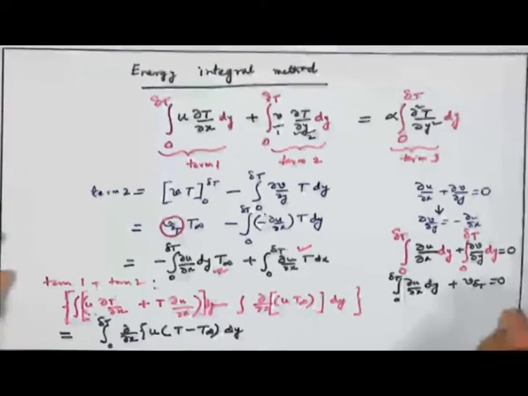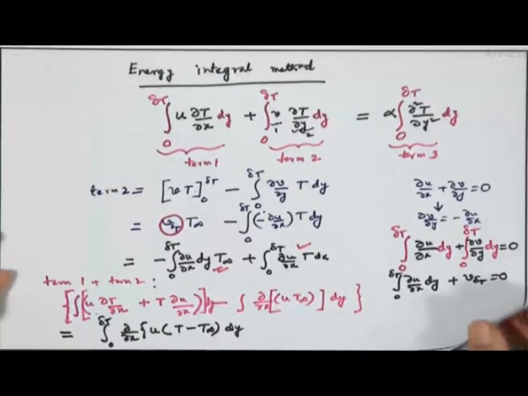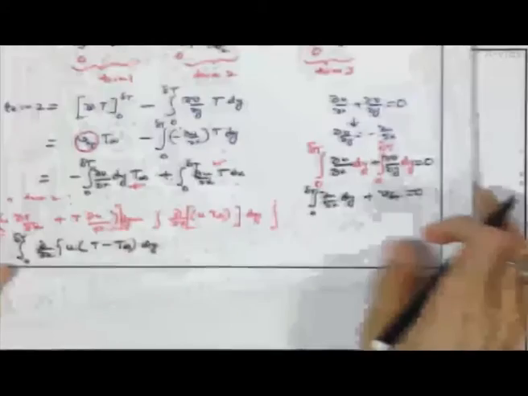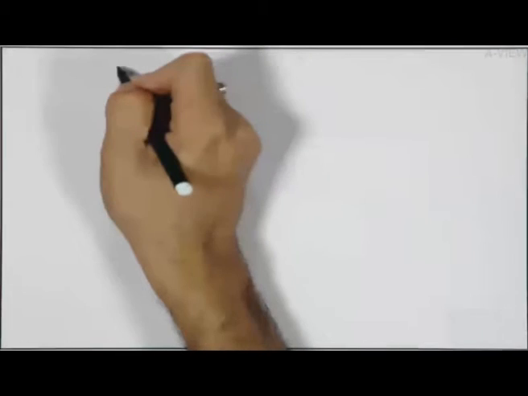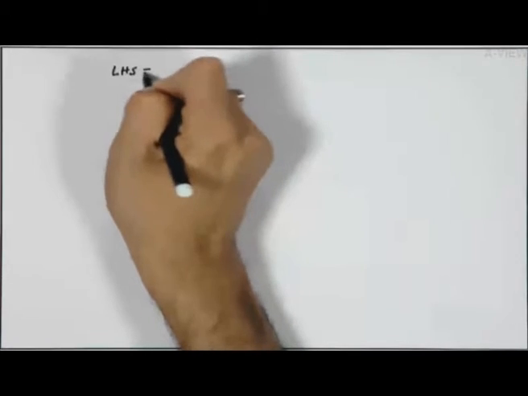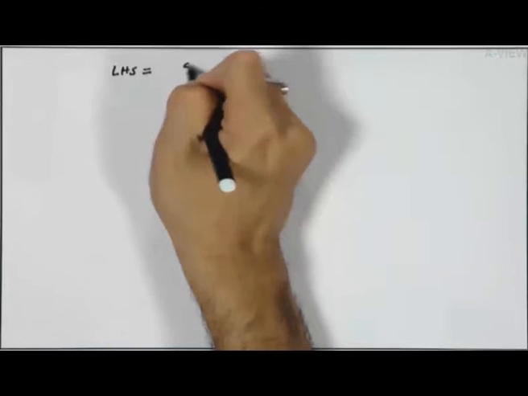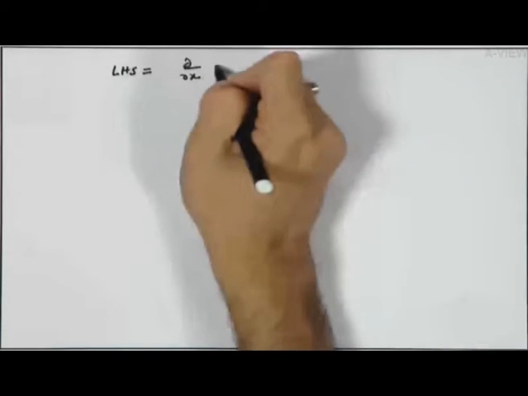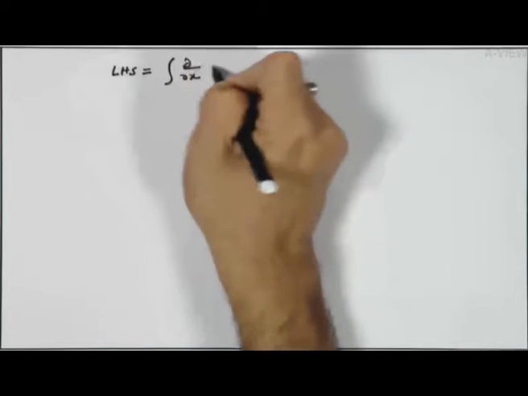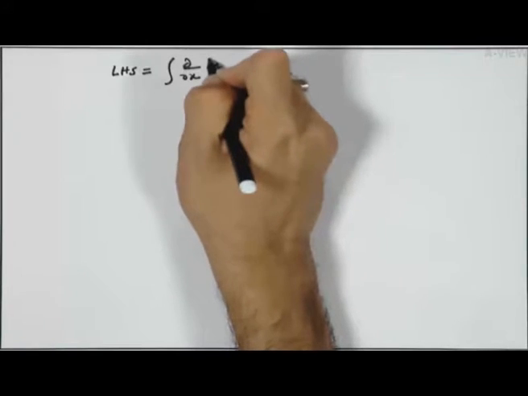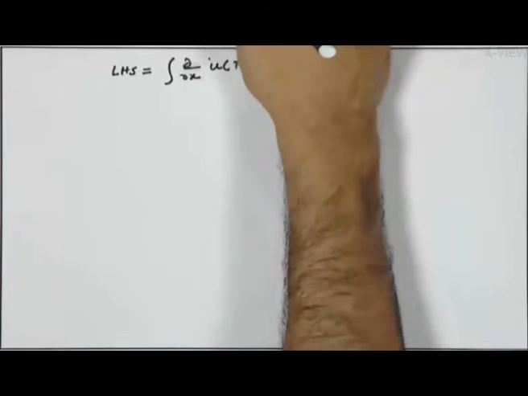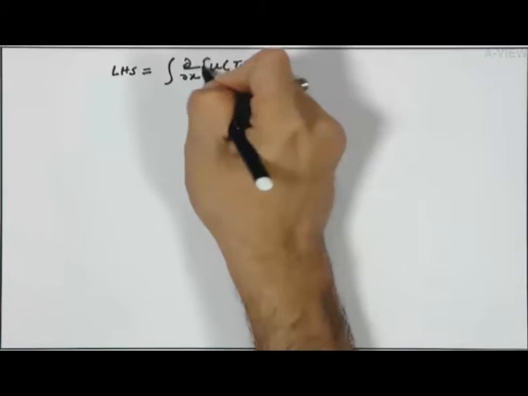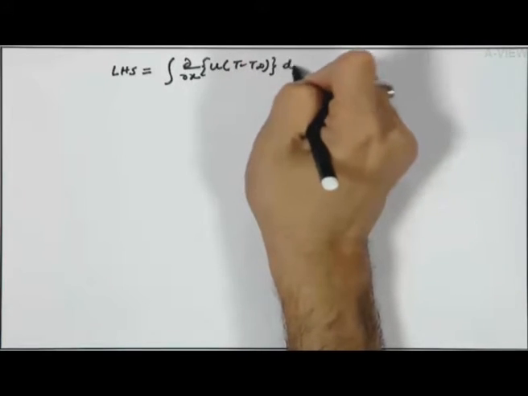So, let me write it again in the next page. Left hand side is equal to integral ∂/∂x of u into (T minus T infinity) dy.